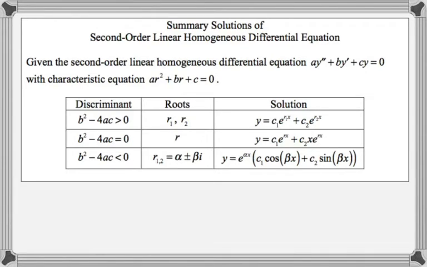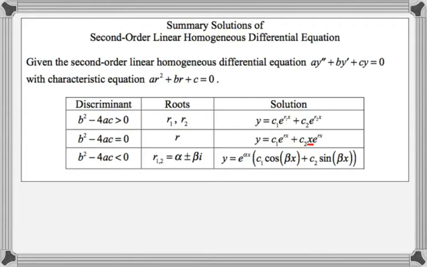It's y equals c1 e to the rx, that's exactly the same, plus c2, and then there's this factor of x that we multiply in, times e to the rx. So it's e to the rx both times: c1 e to the rx plus c2 x e to the rx. I call that the rule of multiplying in an x. It probably has a better name than that, but I'm not really familiar with it.